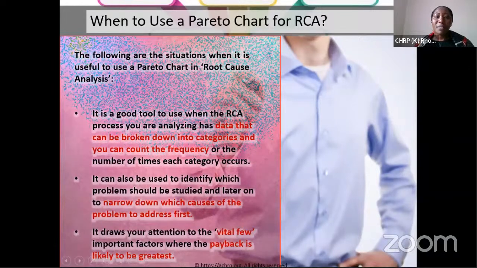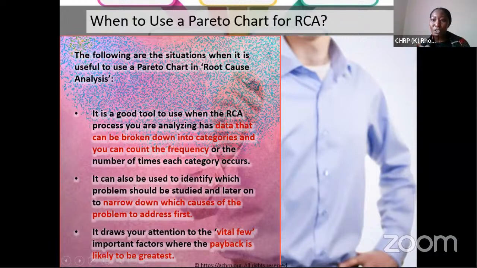Some of the scenarios where it is very effective to use Pareto charts is when the data you have on the problem can be broken down into categories and you can count them in terms of frequency. If it is data that you cannot count or tally, and cannot establish a frequency for, then it will not be effective to use Pareto charts.